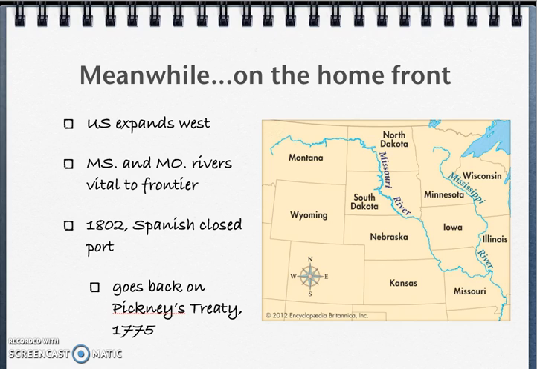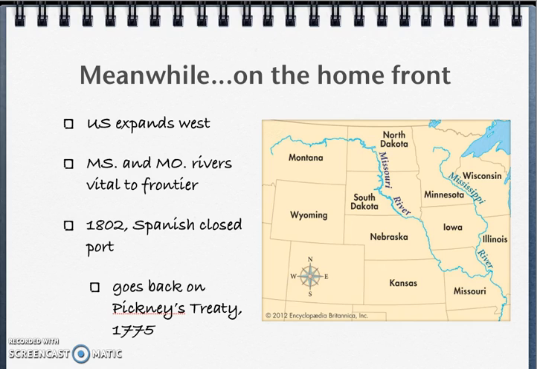So another factor that contributes to the Louisiana Purchase is what's happening with access to the ports. During Jefferson's presidency, the western frontier extended beyond Ohio and Kentucky into Indiana Territory. And those living in the region relied heavily on being able to transport their goods via the Missouri and Mississippi rivers. And so they were very unsettled in 1802 when the Spanish, who still controlled the port in New Orleans, closed that port to Americans.